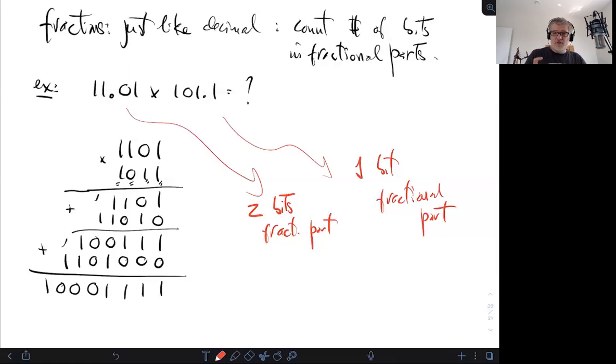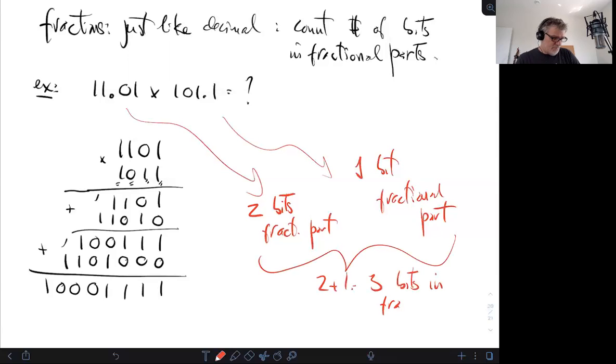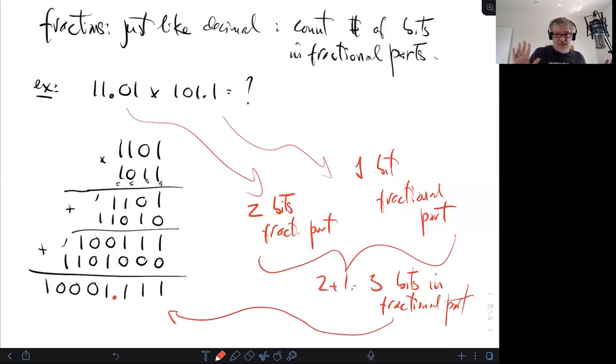So in the result, there should be 3 bits in the fractional part of the result. So that should be the answer. Hopefully that makes sense. So it's the same thing as decimal. You look at the number of digits to the right of the points, you add that to get the total number of digits to the right of the point in your answer.